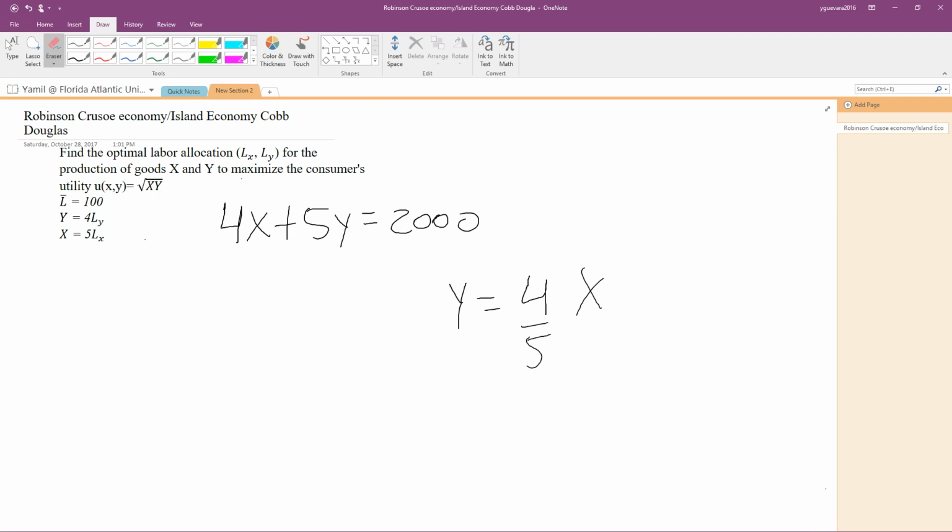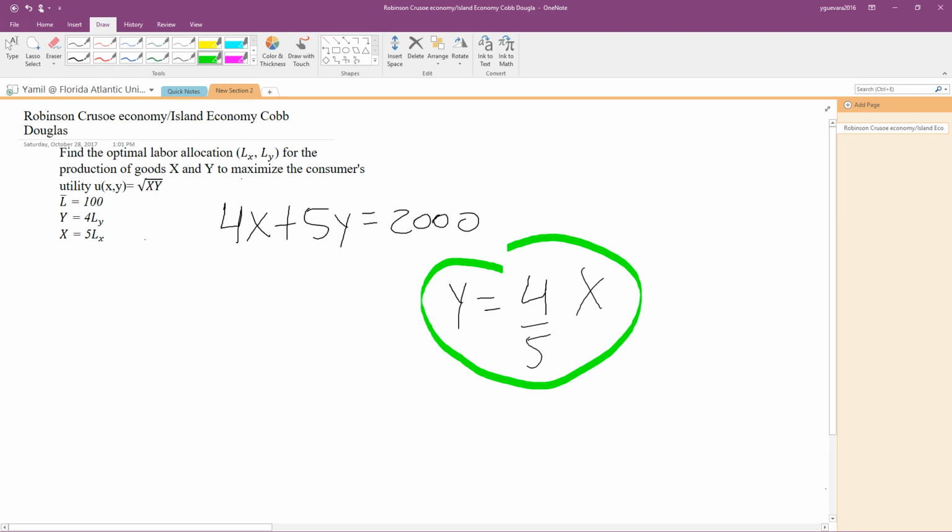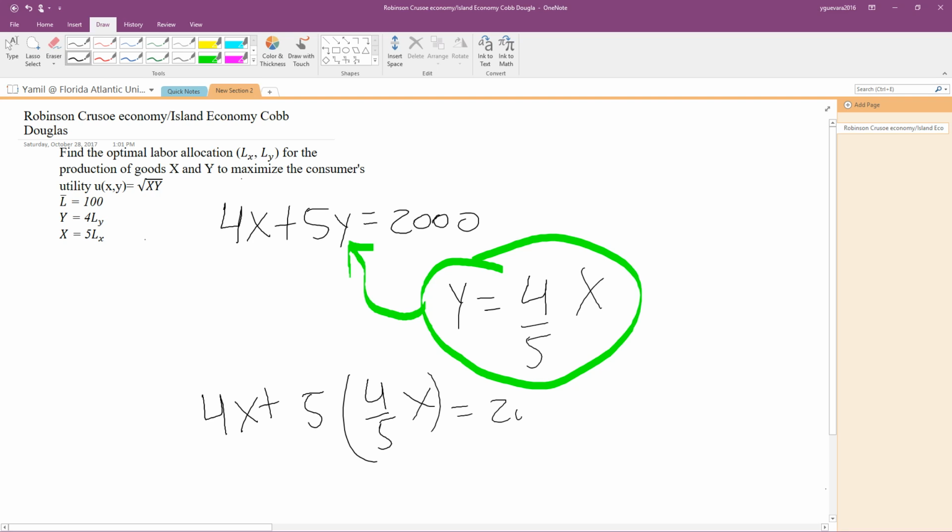We're gonna plug that in here. We're using substitution, remember? 4x plus 5 times 4/5 x equals 2000. Excellent. Now we solve for x. We know this one is going to cancel with this one. So we're left with 4x plus 4x equals 2000.